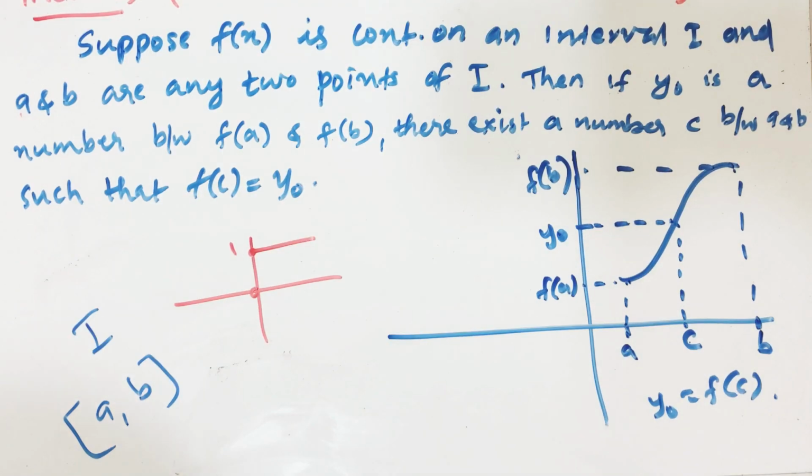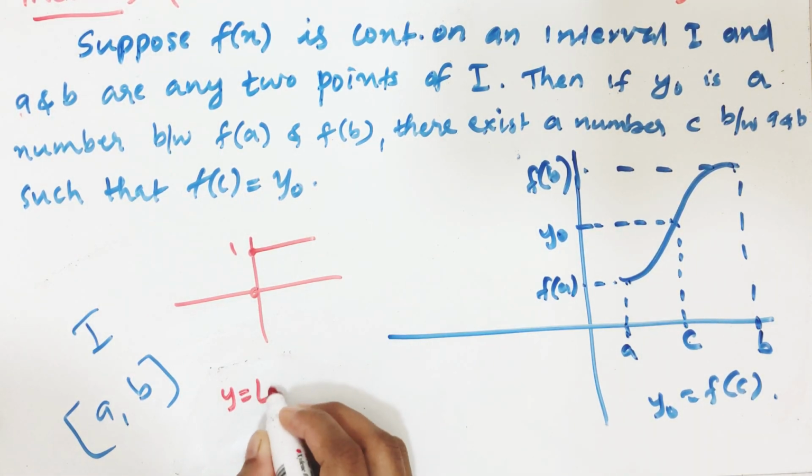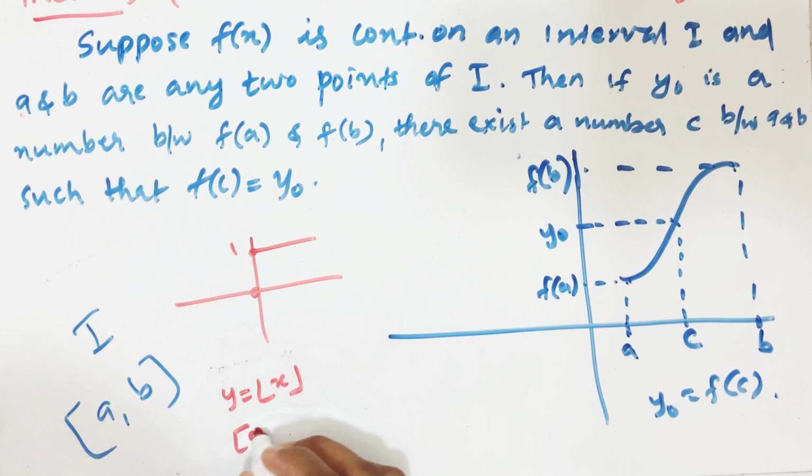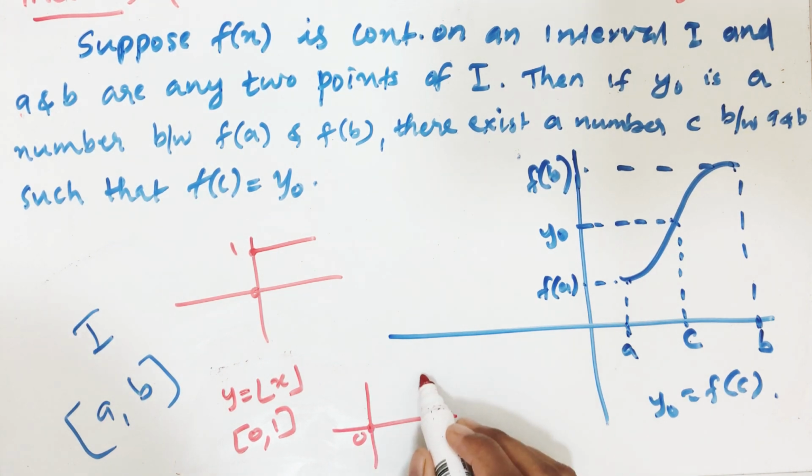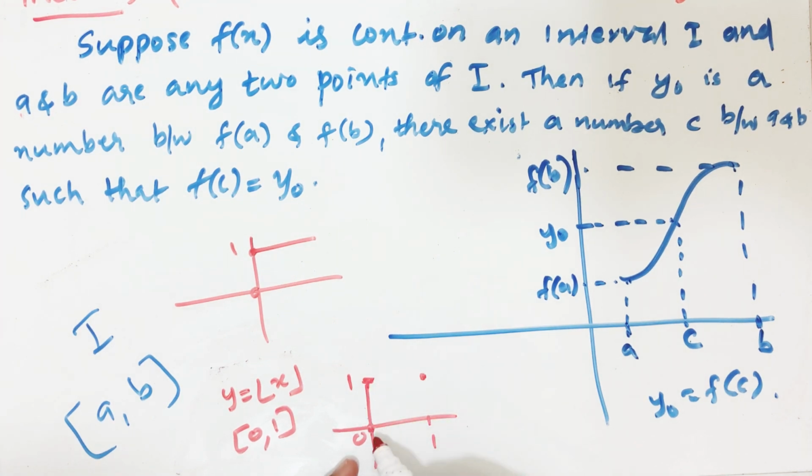Or we can say the greatest integer function on the interval [0, 1]. What is this function? At 0 it is 0, at 1 it is 1, and at all other values it is 0. Up to here the value is 0. This does not take any value in between 0 and 1. Here f of 0 and f of 1 are equal to 0 and 1, but it does not take any value between f of 0 and f of 1.